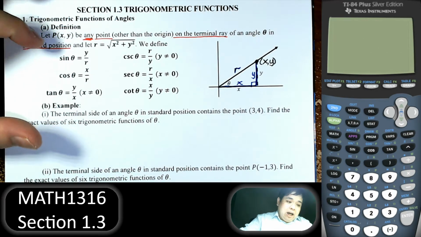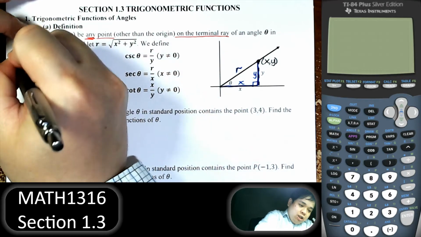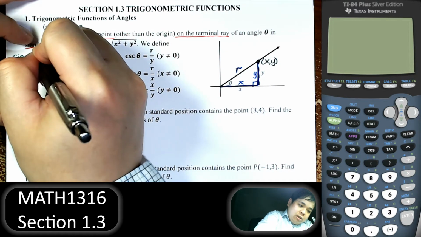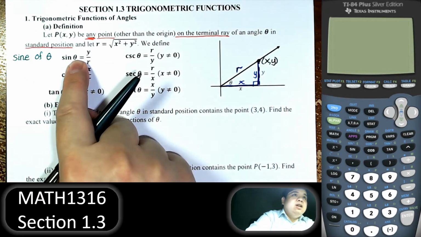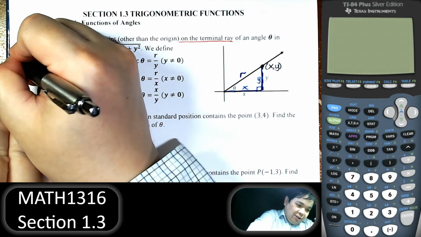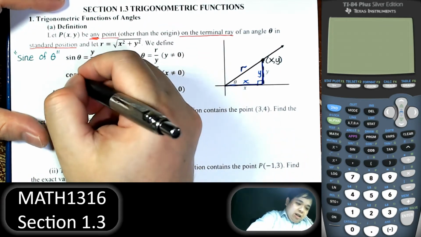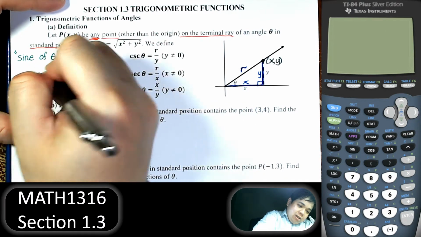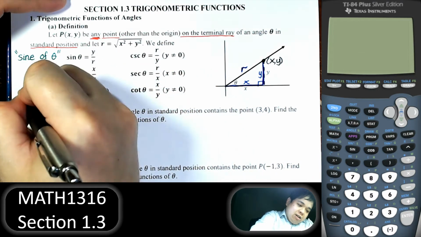By the way, these are the abbreviations. Sine of theta, if we want to spell it out, is y over r. This is cosine, and this is tangent.